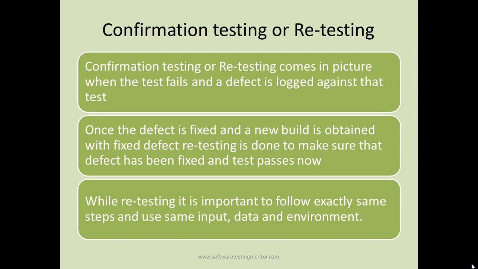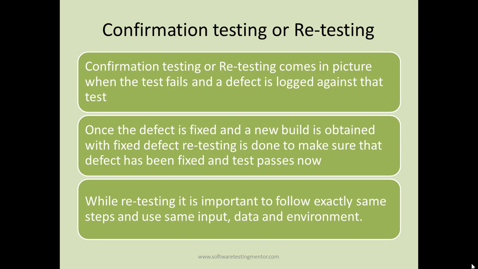The reason being, if you follow some different process, then it doesn't make sure that the failure has exactly been rectified, because the first time when you log the defect, the cause of the failure was because of the steps that you followed or the sequence of steps that are being followed while operating the software.